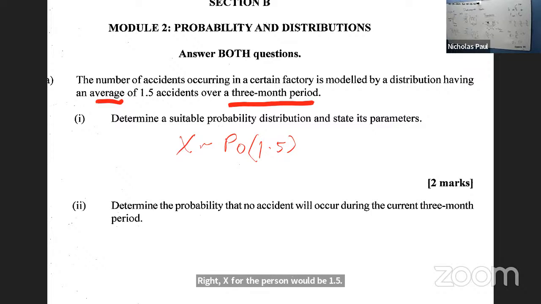Find the probability that no accident will occur during the 3 months. So they want the probability of X equal to 0. Go to Poisson and work it out. I will need your help to work it out, right?